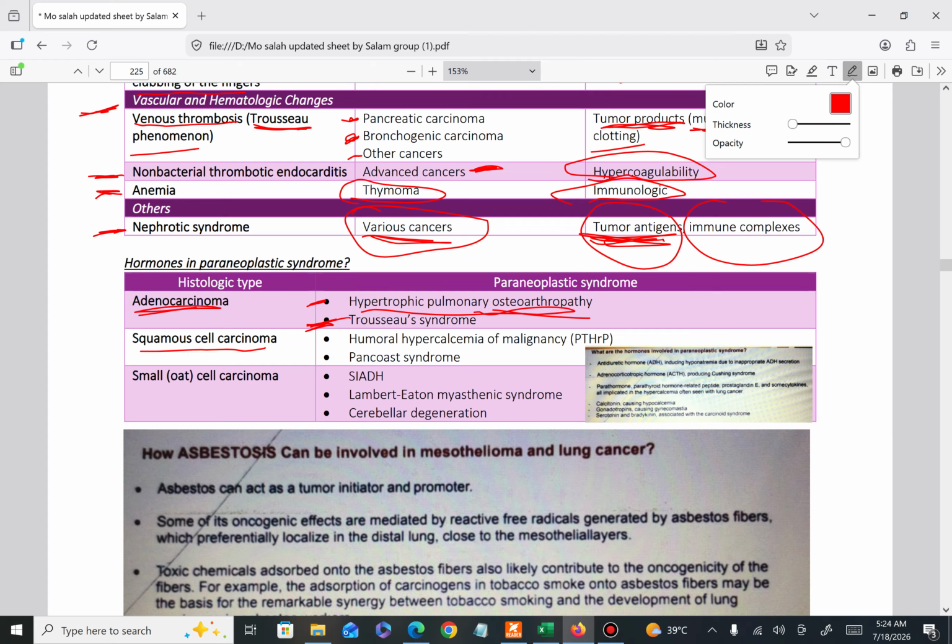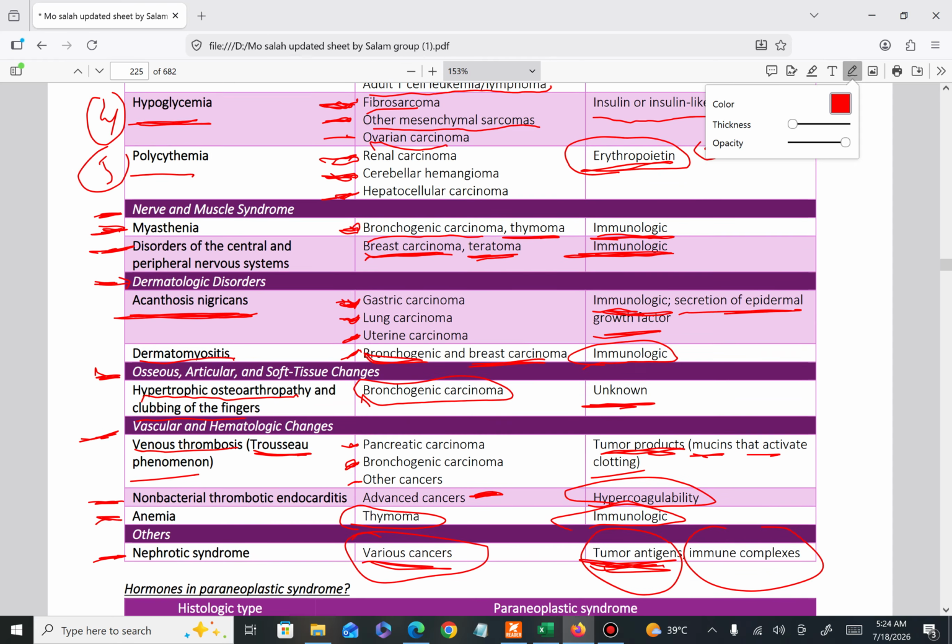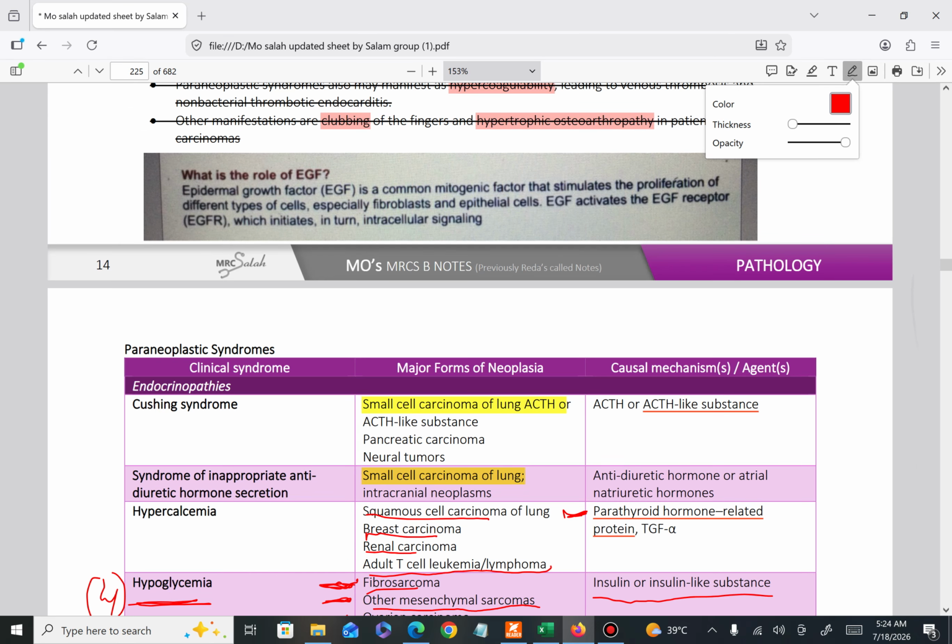In squamous cell carcinoma, there is hypercalcemia of malignancy due to parathyroid hormone related protein, and Pancoast syndrome, which causes ACTH or Cushing syndrome. Then small oat cell carcinoma is associated with syndrome of inappropriate ADH, Lambert-Eaton myasthenic syndrome, and cerebellar degeneration. So this is all about the paraneoplastic syndromes.